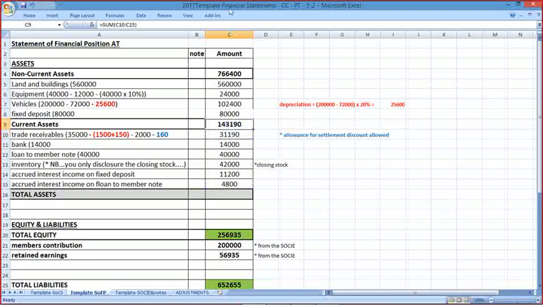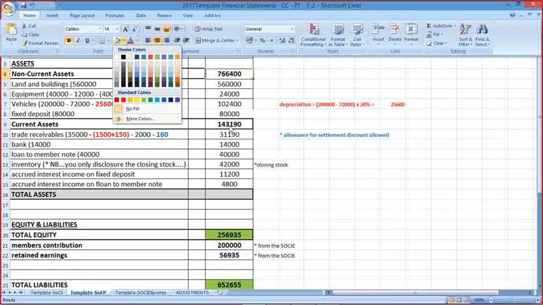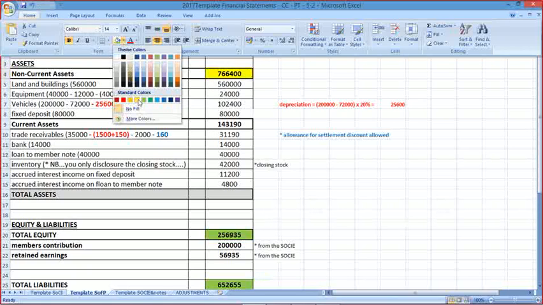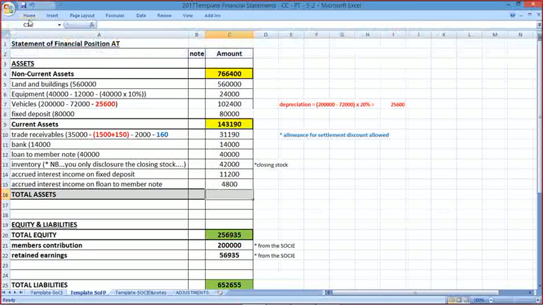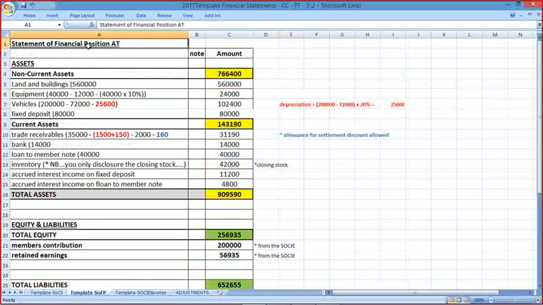Is that 31,190? Okay, so now I've got this. 14,000. 143,190. If I add up non-current and current, let's hope we get the same figure. If not, then we need to check where we made a mistake. Is that the same? 909,590, 909,590. Okay, good. So it's fine. Perfect.